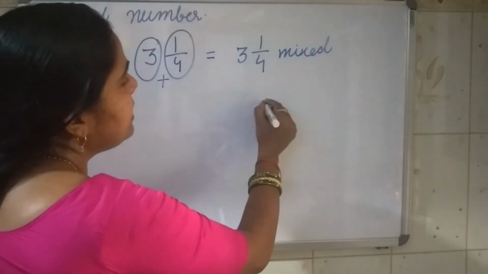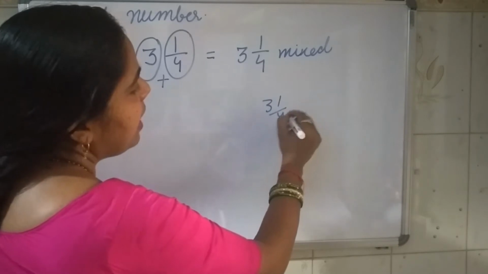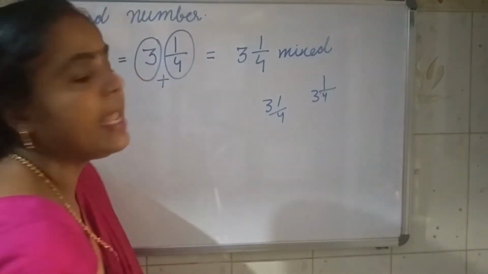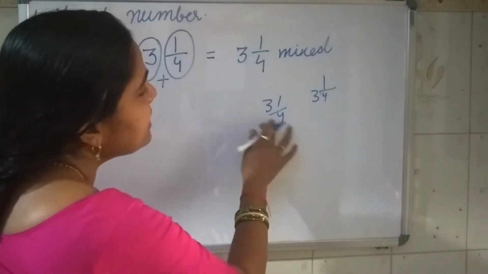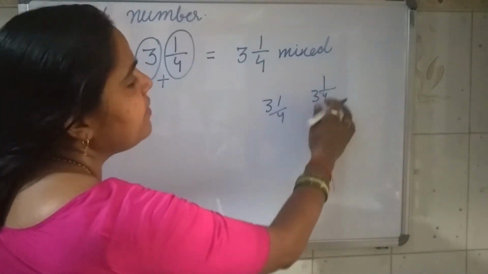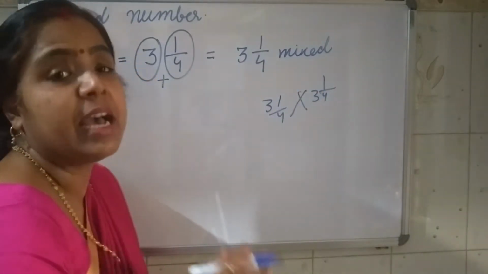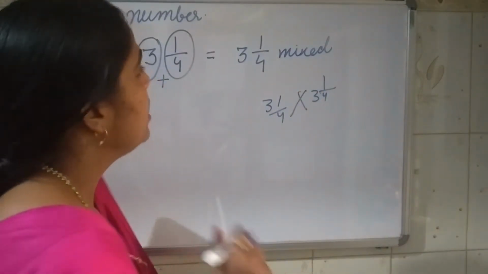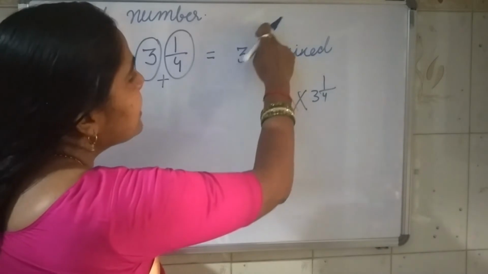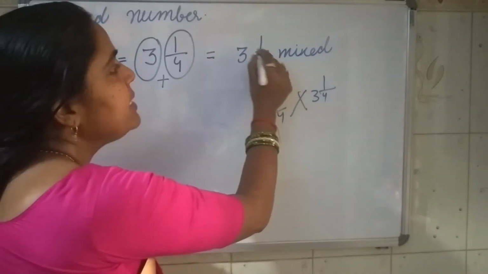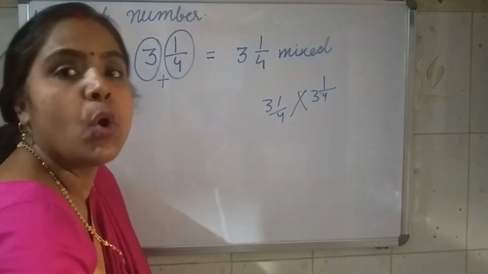I have not written it like this, or like this. Because if I write like this, it will be 31 upon 4 or it will be 1 upon 34. So both of these are wrong. In a hurry, children make this mistake. So always keep in your mind, this fractional number will be written in between, this line will always be beside the whole number.